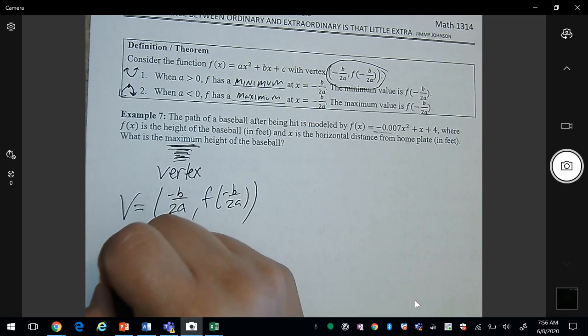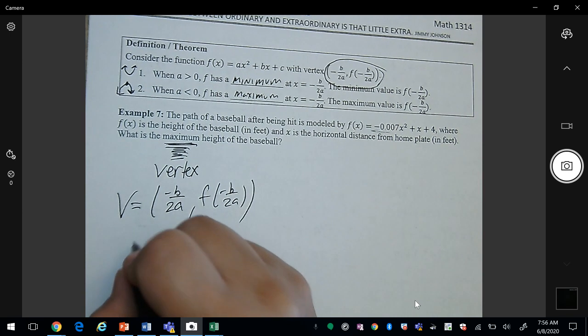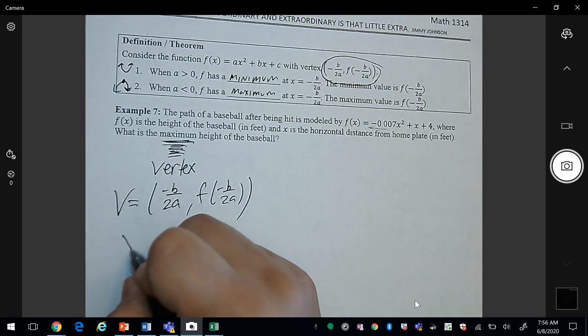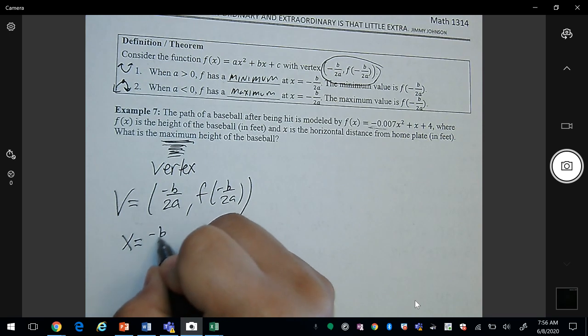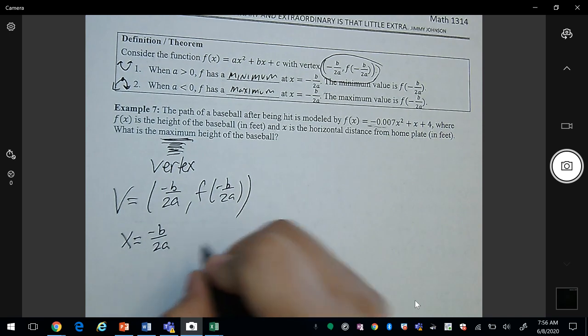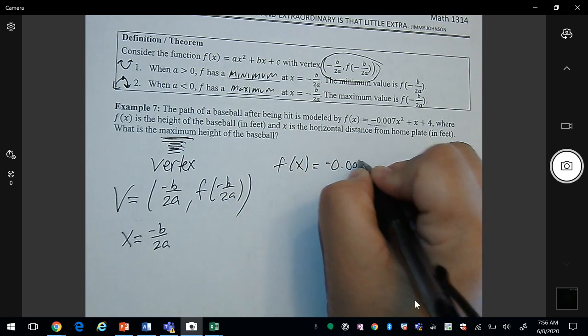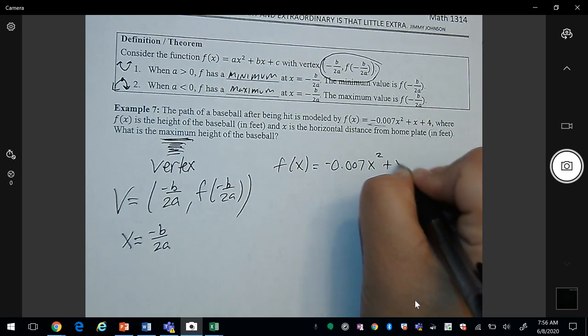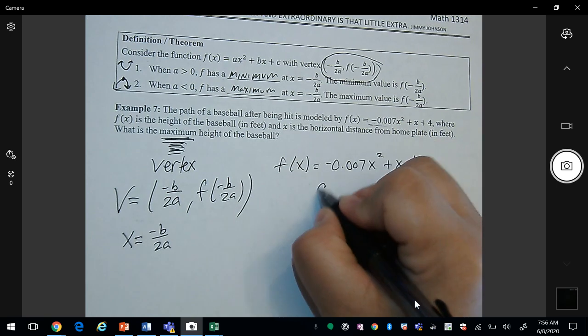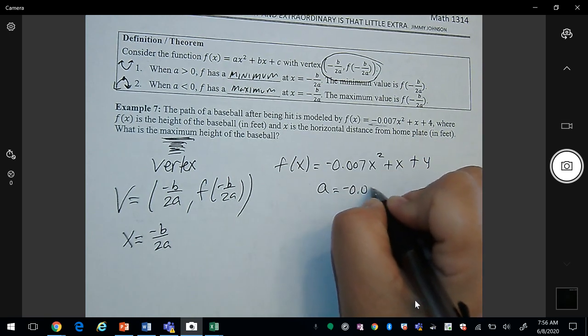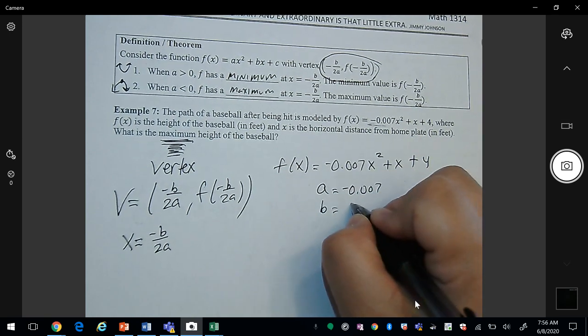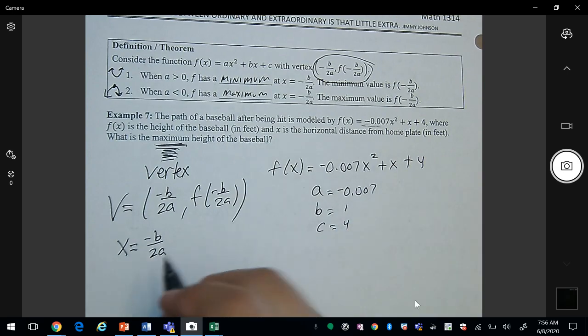Okay, so first to find the vertex here, we're going to find the x coordinate, and that's found by using negative b over 2a. So your equation here, a is negative 0.007, b is 1, and c is 4.